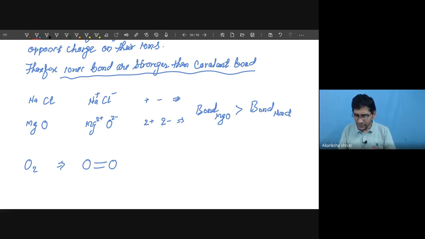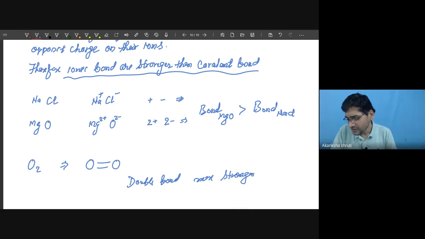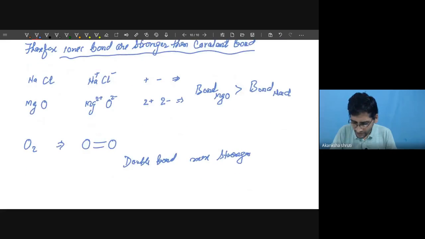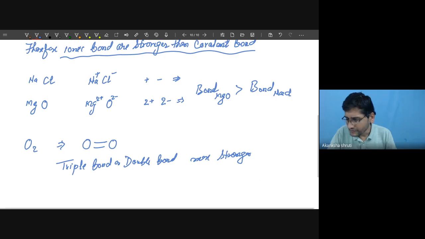Sometimes it is possible that this double bond is maybe stronger than a single ionic bond. Even in triple bond cases, these things are holding good, more stronger than the single ionic bond.